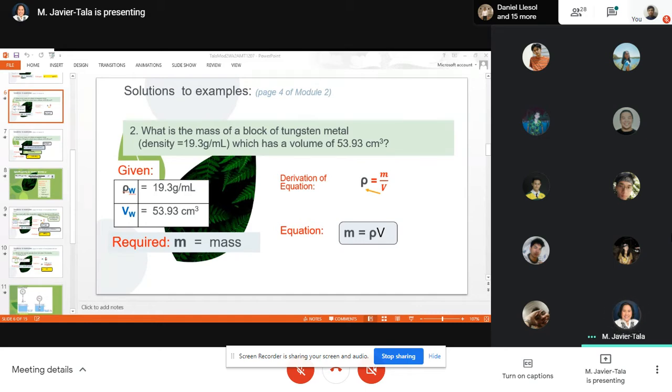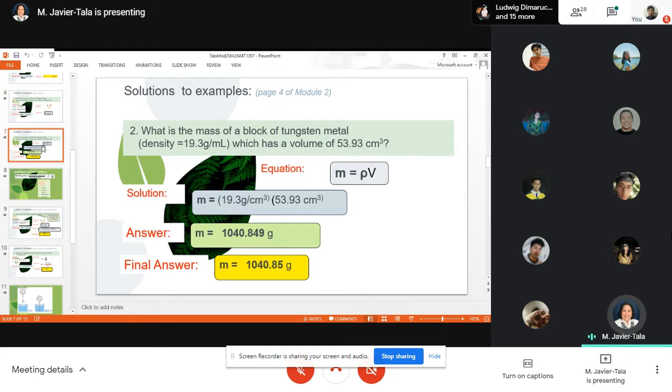The original equation is rho equals mass divided by volume. To derive, you cross multiply your density with your volume so that we arrive at the equation: mass equals density times volume. That is the derivation. So we use the derived equation, density times volume, and you just multiply.